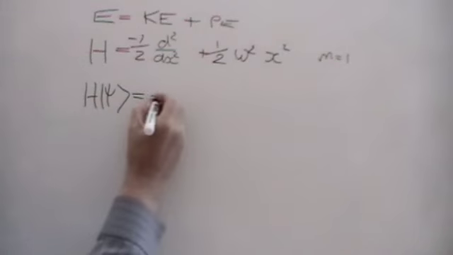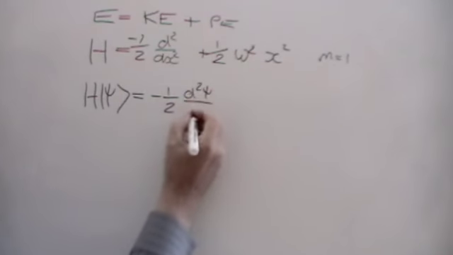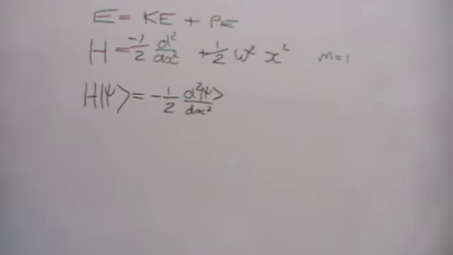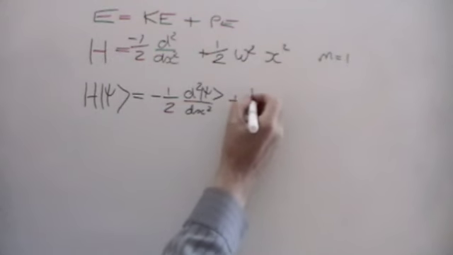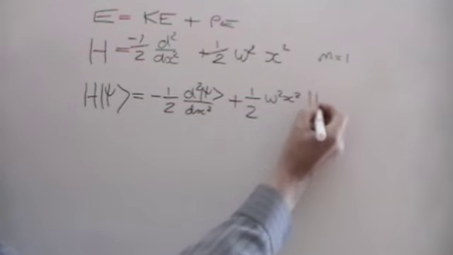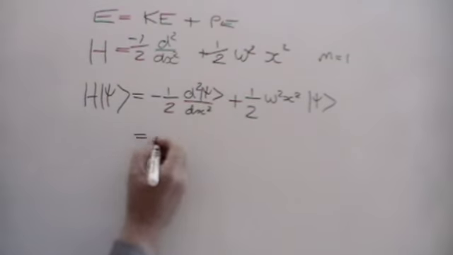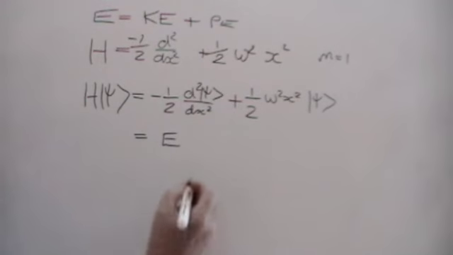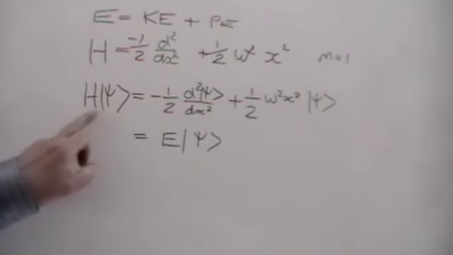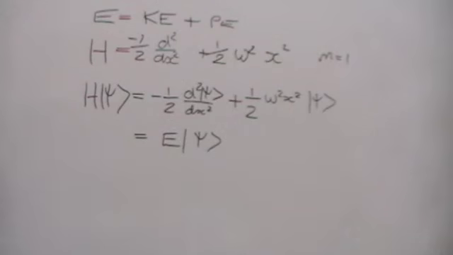So this is going to be minus a half d2 psi by dx squared, and I should put psi of course in the Dirac notation, plus a half omega squared x squared psi. And that of course is going to equal the eigenvalue E times psi, because h psi, the Hamiltonian acting on psi, gives the eigenvalue E acting on psi.